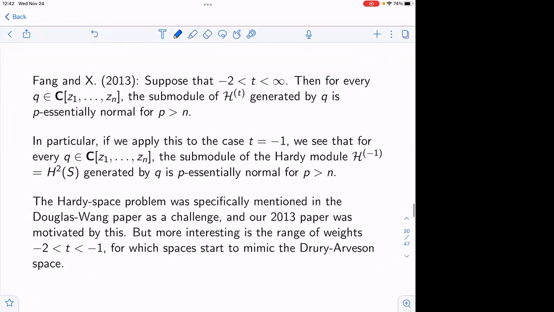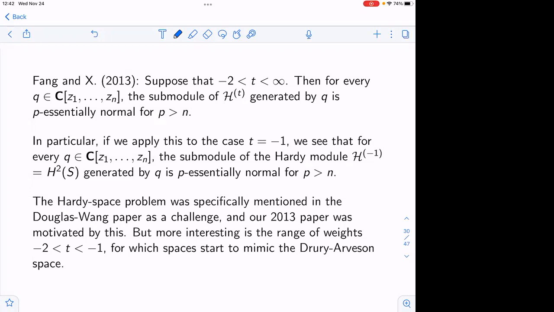Trina and I figured out in 2013 (all these dates are really publication dates of the papers) that if you look at all the weights above -2, then for any polynomial Q, the submodule of H_t generated by Q is p-essentially normal for p greater than n.